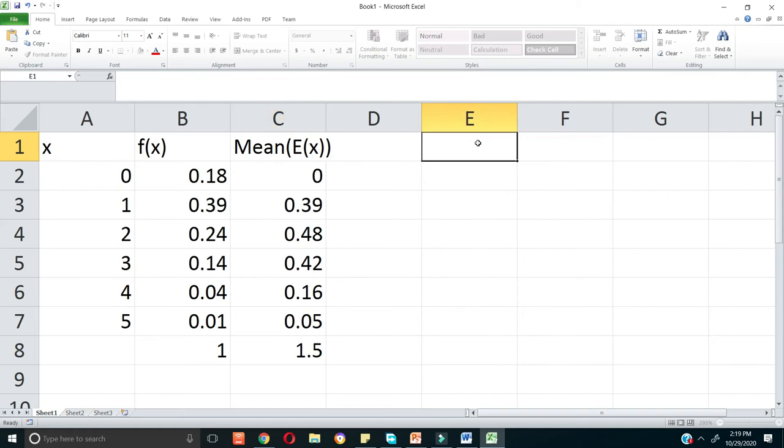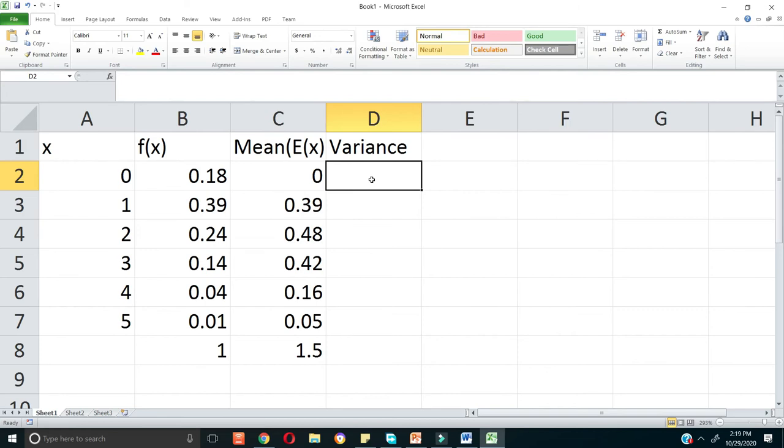If you look at the variance, it's going to be essentially the same formula, because for grouped data you had the midpoint. You had the midpoint, and then that midpoint you subtract.